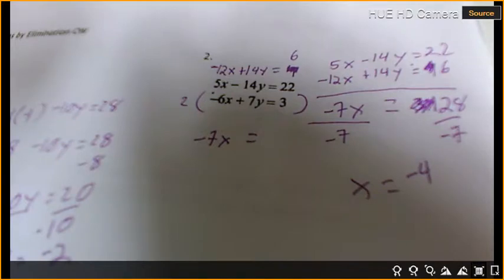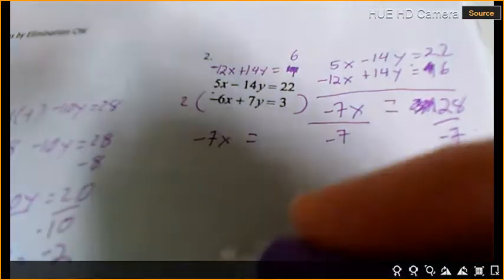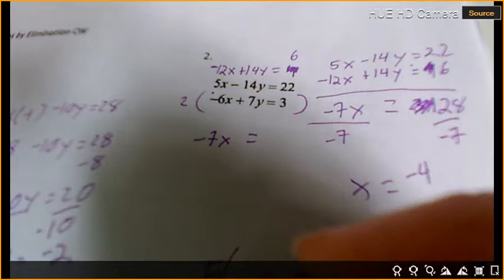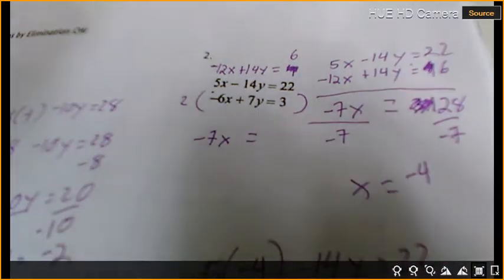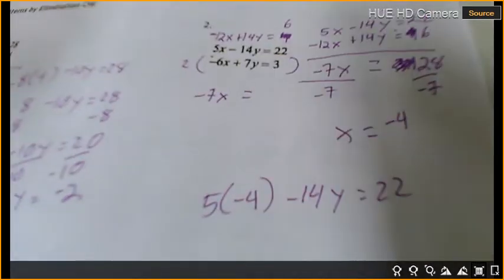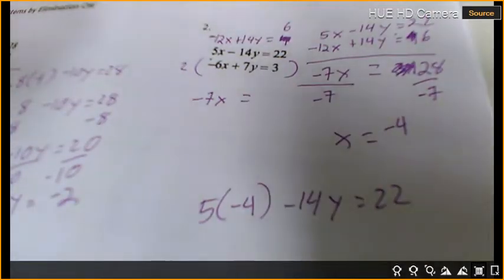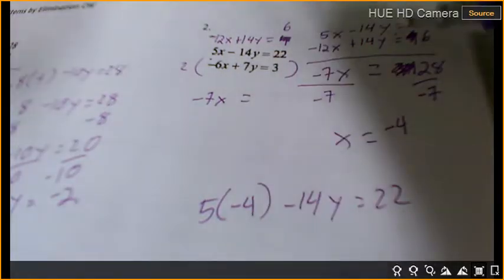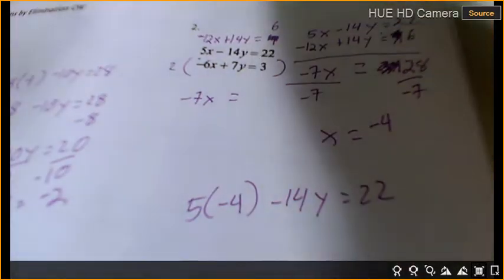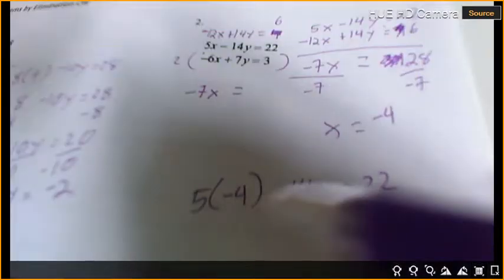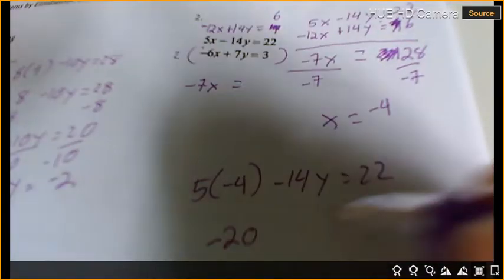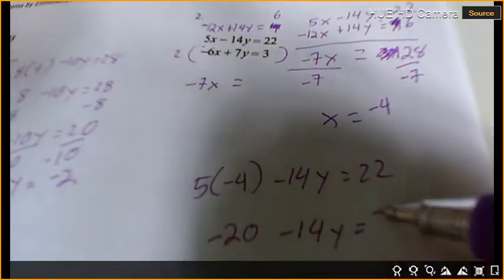Okay. Now I'm going to take this and I'm going to plug it back in. I'm just going to plug it into the first one. Doesn't matter which one you plug it into. Yes, Abby. So this is a 6 right here. But 6 plus 22 is 28. You good? 5 times negative 4 is negative 20, minus 14y equals 22.